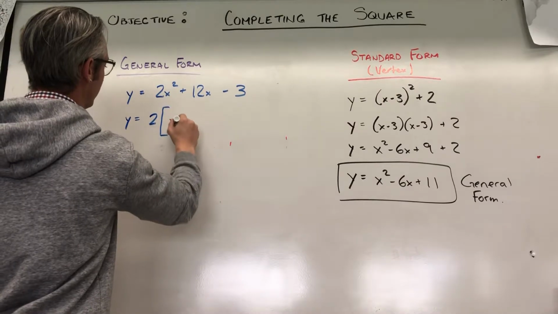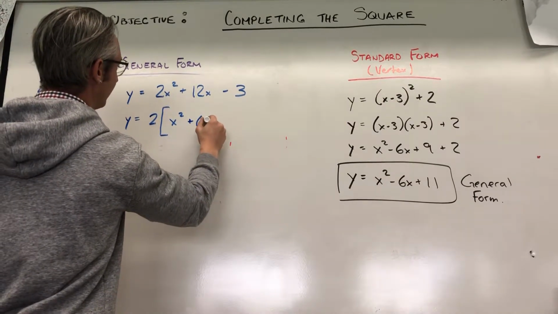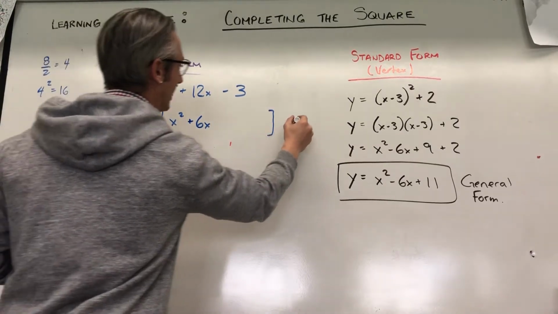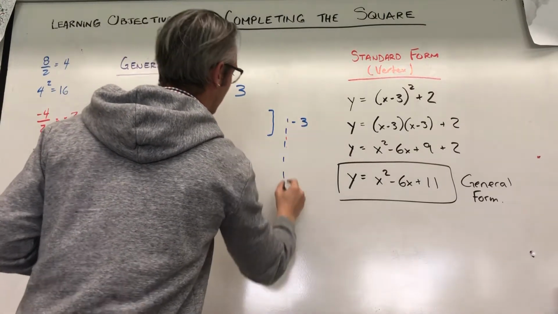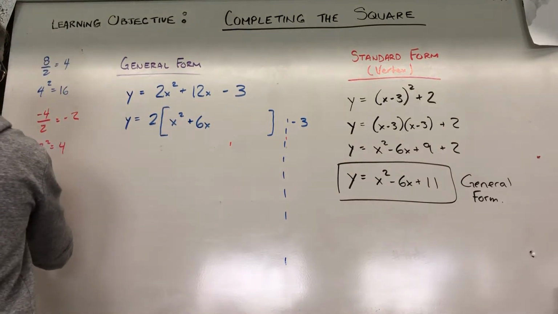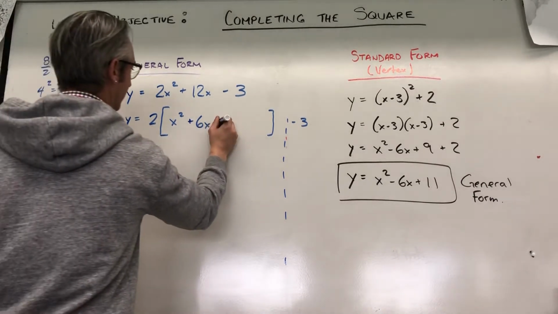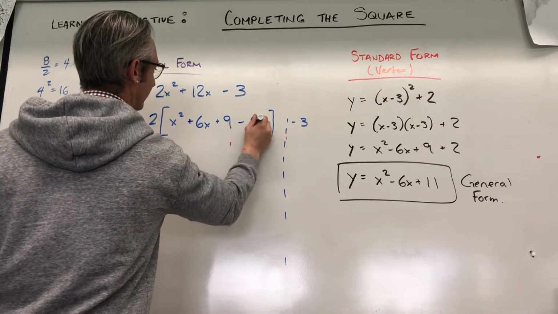And then I get 2 times x squared, 2 times what gives 12x? 6x. And then I can subtract the 3 over here. And x, so 6 divided by 2 gives me 3. 3 squared is 9. So plus 9 and then minus 9.